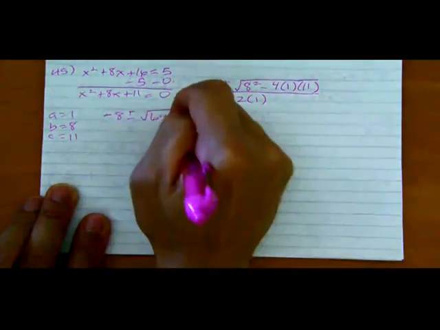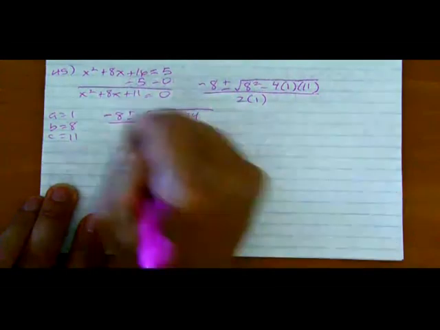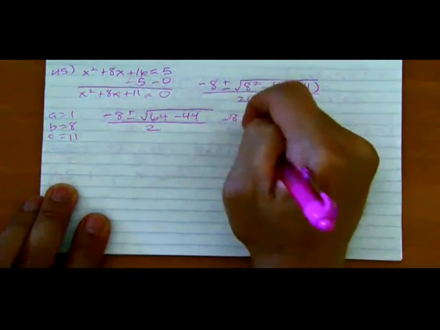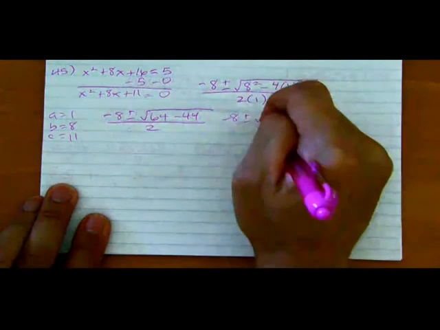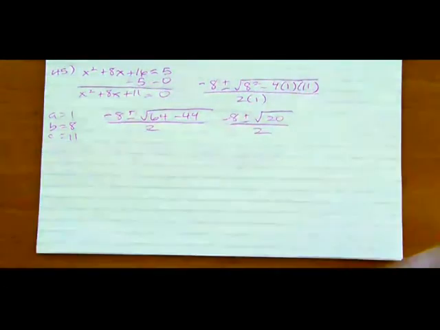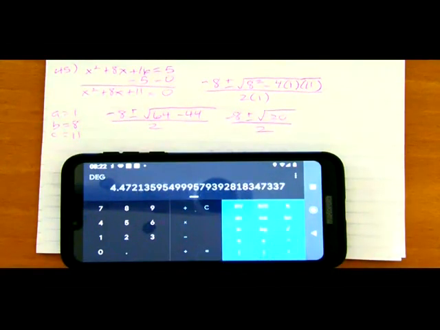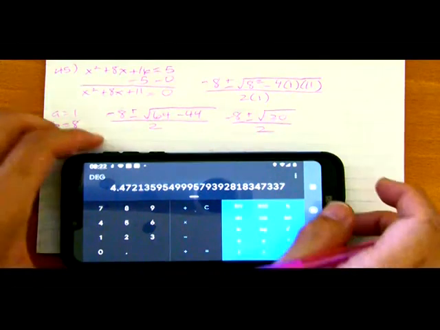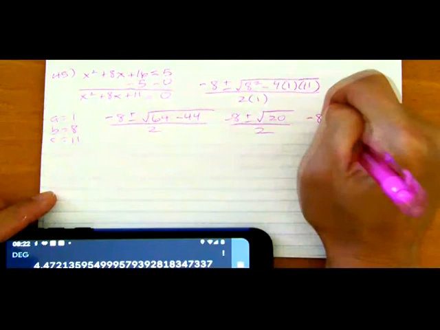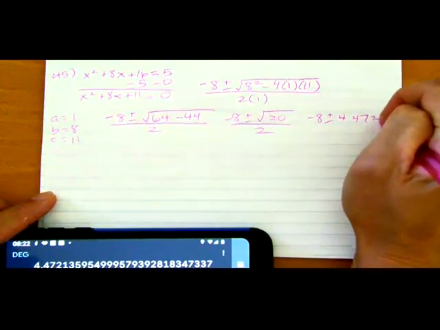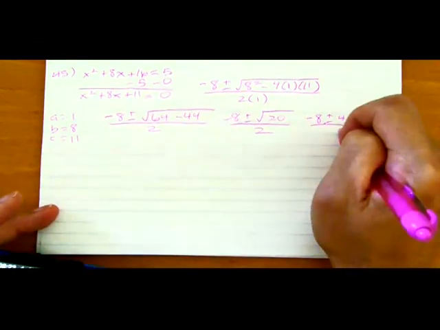Negative 8 plus or minus the square root of 64 minus 44 over 2. The square root of 20. I'm going to go 4 digits again. 4.4721. All over 2.